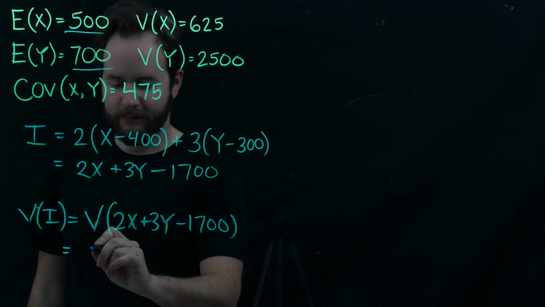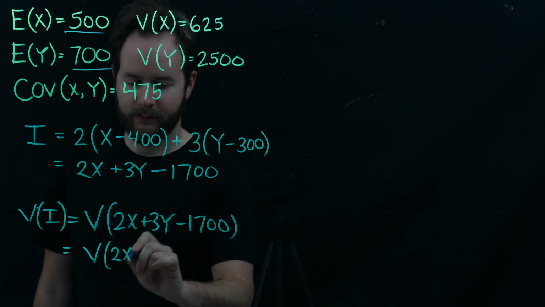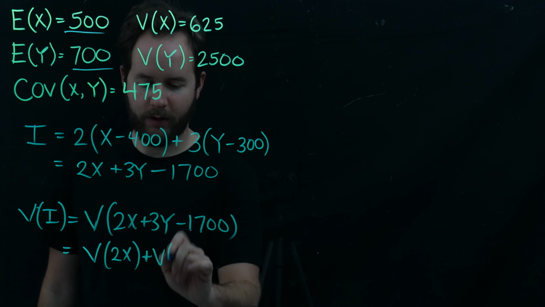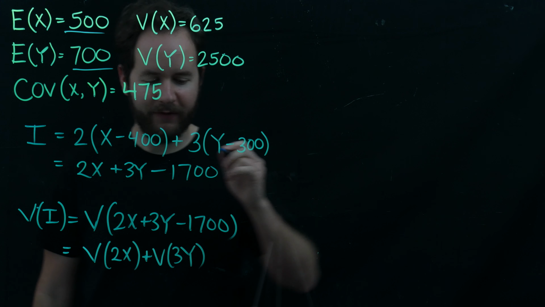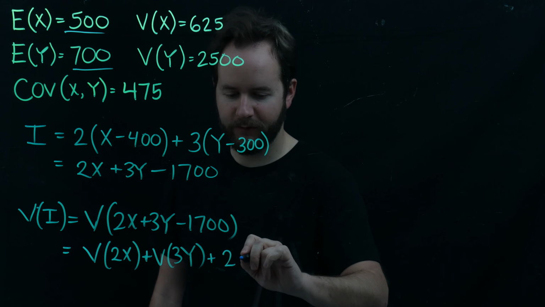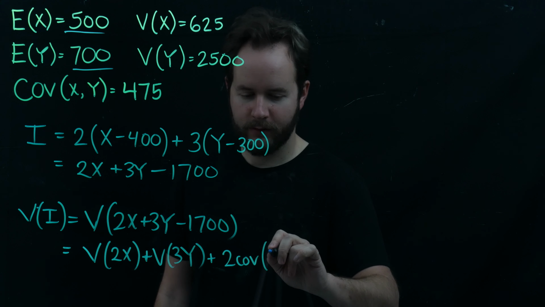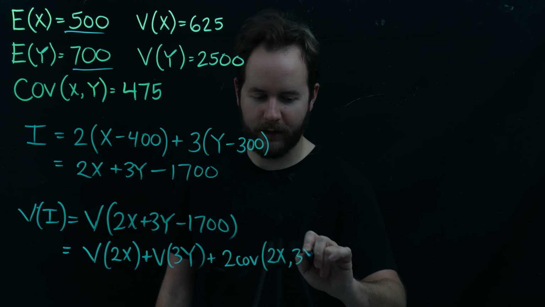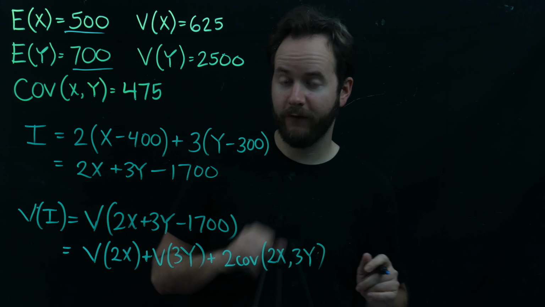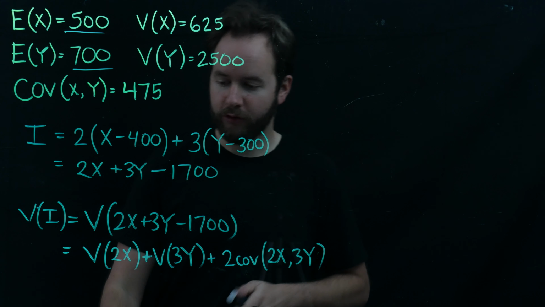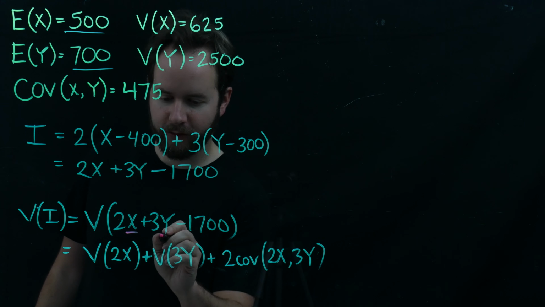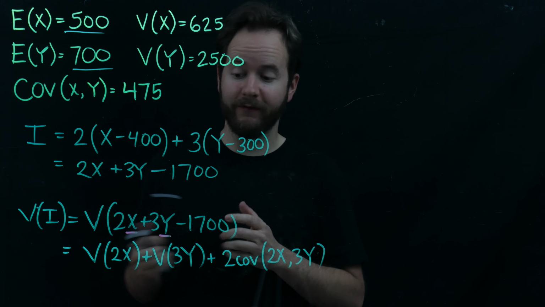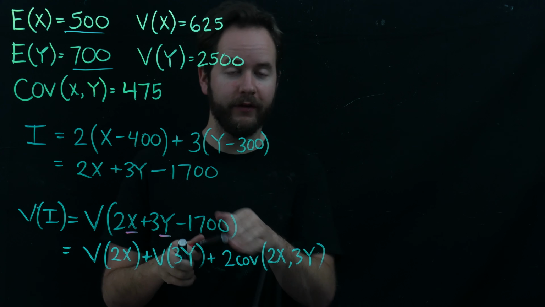We now can say the variance of 2x plus the variance of 3y, but now we have to say plus 2 times the covariance of 2x comma 3y. This is required for variance calculations, especially when you have 2 random variables. Notice that there's 2 random variables in this expression, so when I take the variance of this sum, I have to throw in this covariance term.